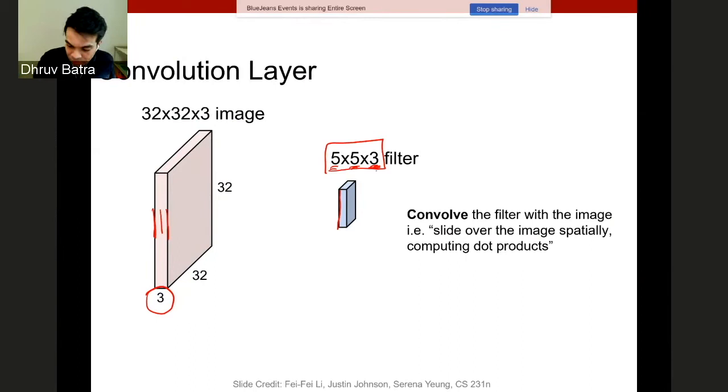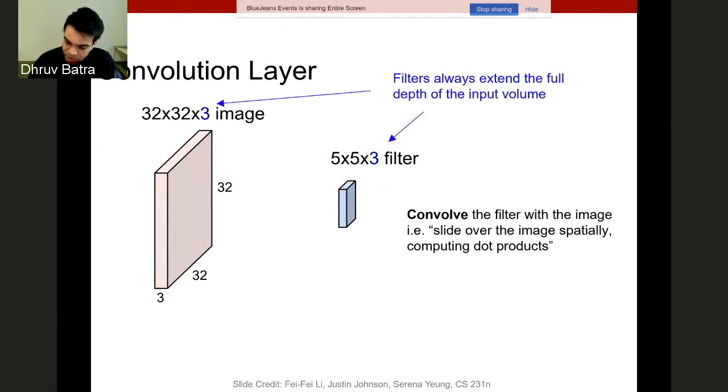And so every filter is a 3D object, even though we may not always specify the third dimension. You will often find that people say they have 5 by 5 filters, but they don't always talk about the fact that there is a third dimension, which corresponds to the C1 dimension in the previous layer. So this is C1, this is C1 again, so it's the same size.